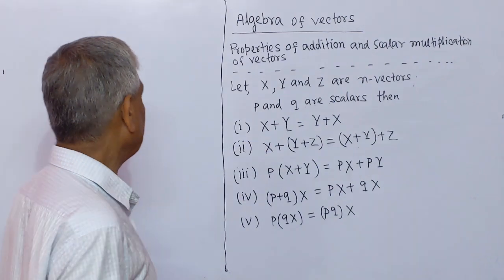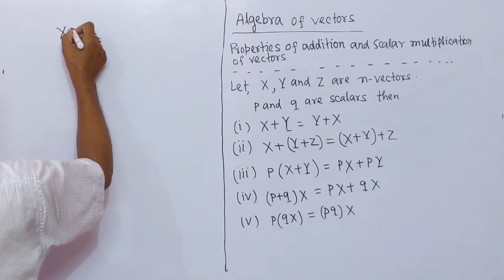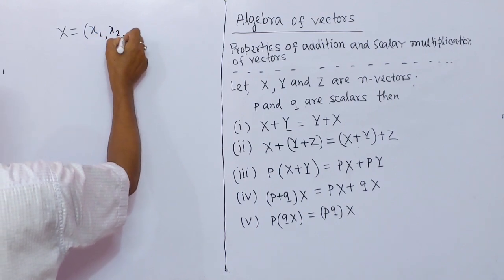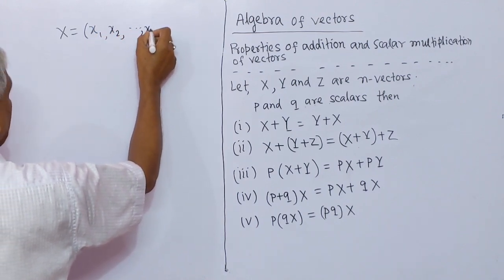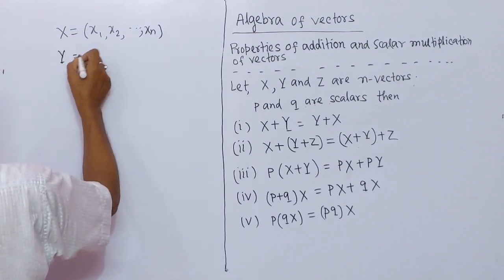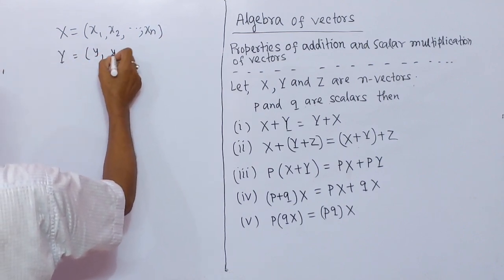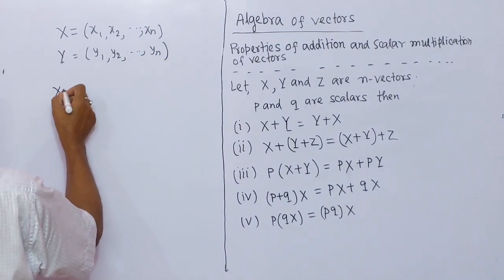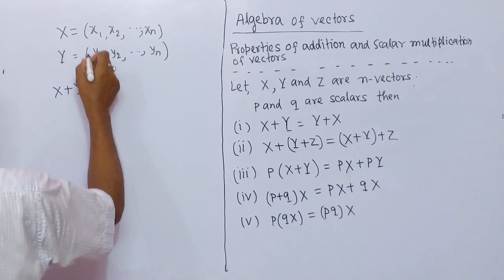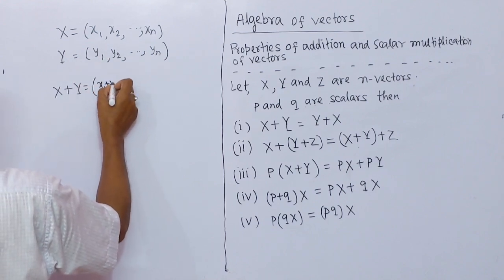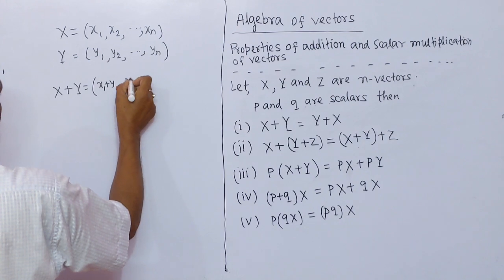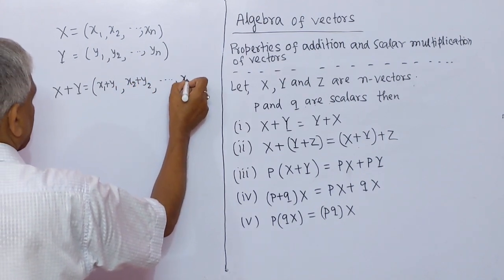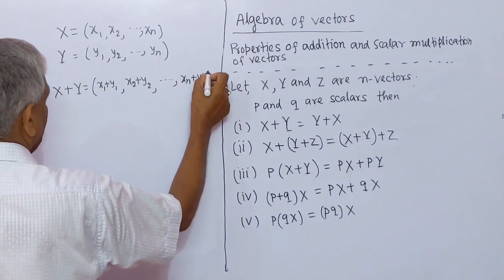We may prove this. Let capital X equal the ordered n-tuple x1, x2, dot dot dot, xn, and Y equal to y1, y2, dot dot dot, yn. Capital X plus capital Y equal to x1 plus y1, x2 plus y2, dot dot dot, xn plus yn.